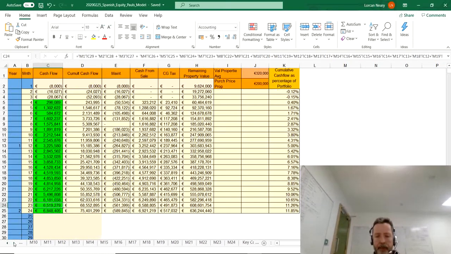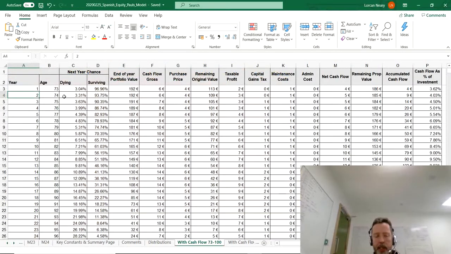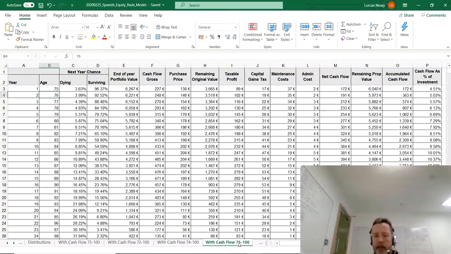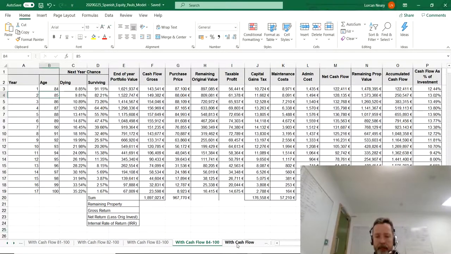Maybe if we go... oh yeah, this was the original model. We were modeling people coming in and spending the full 30 years or so with us on the program up until their 100th birthday. So as you go through this, it's fewer and fewer years to 100.